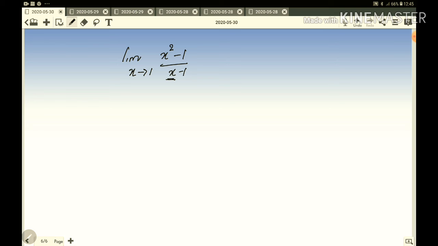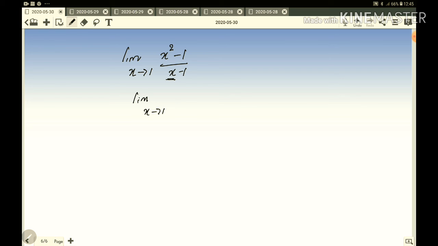So before that, I'm just looking at the numerator. I can see that the numerator I can factorize. That's limit x tends to 1, numerator x square minus 1. We can factorize that because it is in the form of a square minus b square.